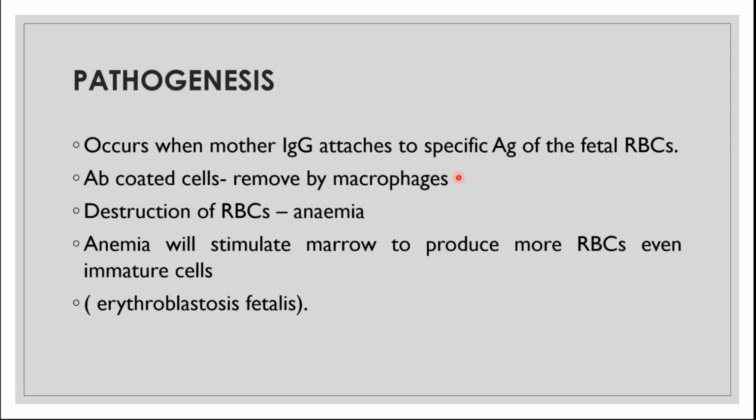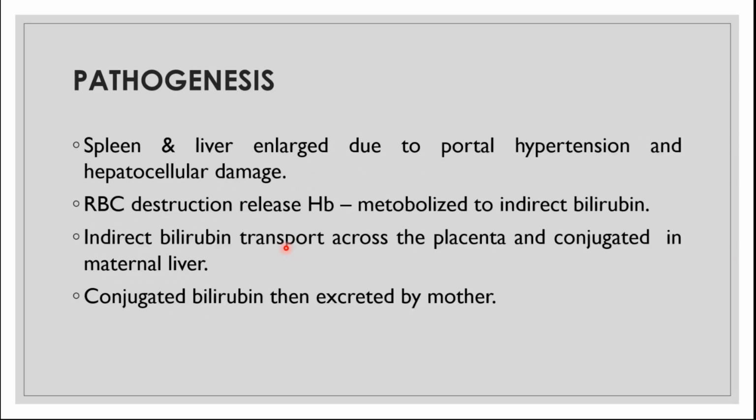Anemia will stimulate marrow to produce more RBC, even immature cells. Okay, bila anemia, bone marrow is forced to produce more new RBC. The spleen and liver enlarge due to portal hypertension and hepatocellular damage.